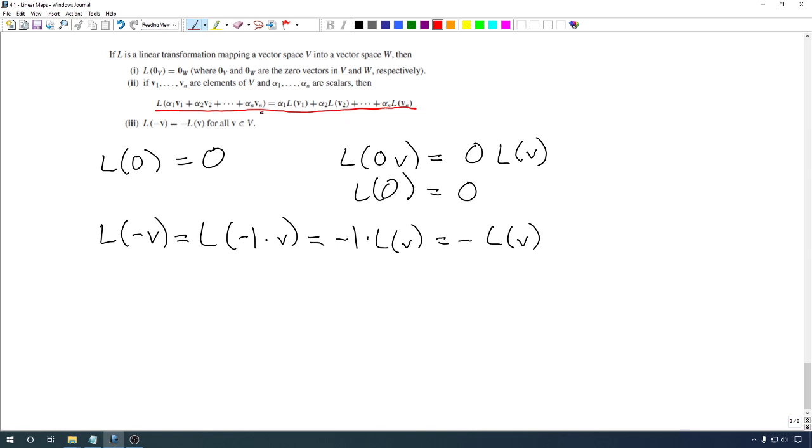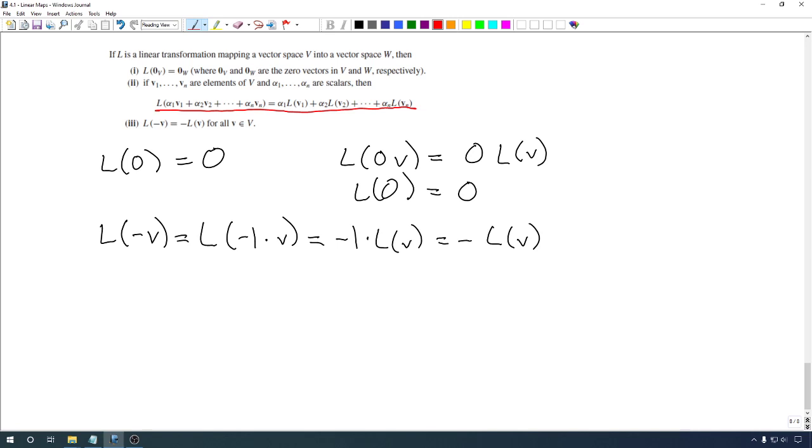Basically, it's saying that, well, we only need to show that it works for the sum of two things, but we can actually work with any finite sum of vectors. Any linear combination can be broken up over the sums and scalar products. We don't actually have to restrict ourselves to only adding two vectors together.